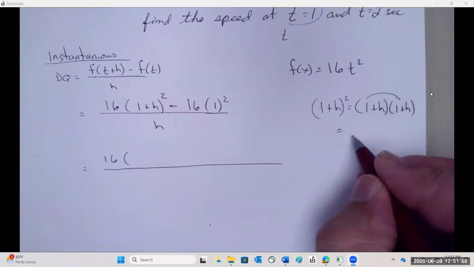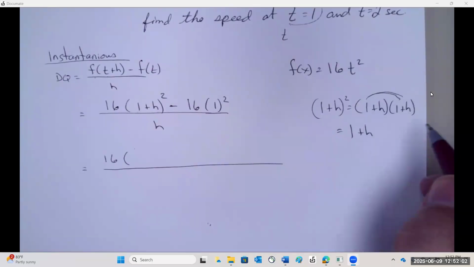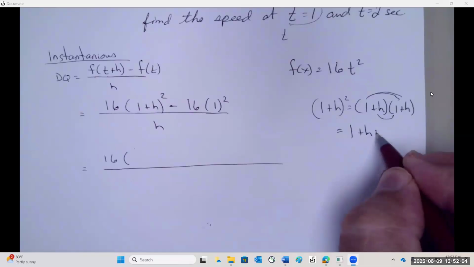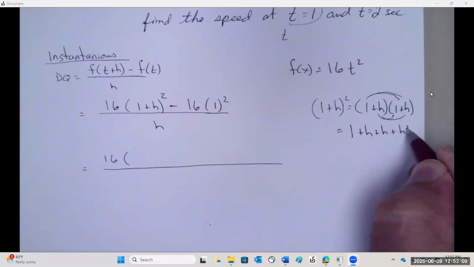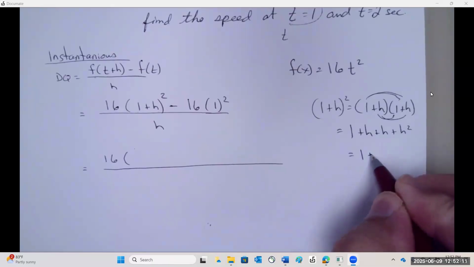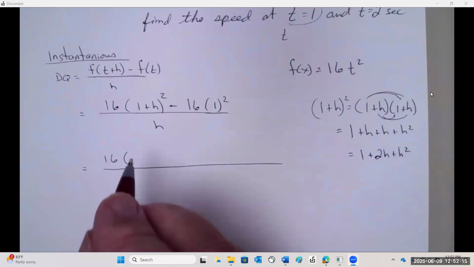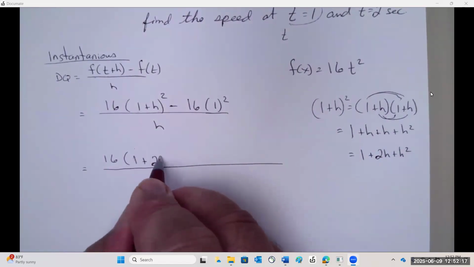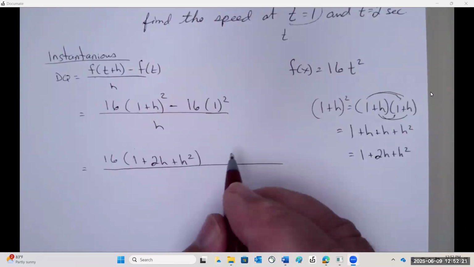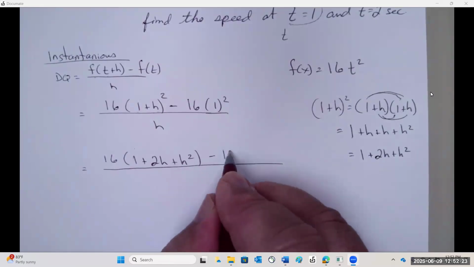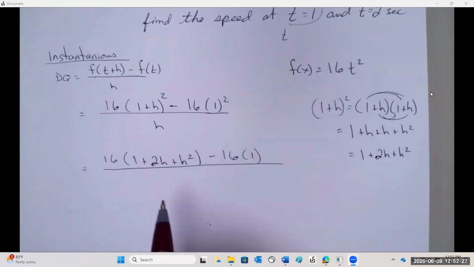Foiling, 1 times 1 is 1, 1 times h is h, h times 1 is h, and h times h is h squared. So 1 plus 2h plus h squared, and 1 squared is 1.